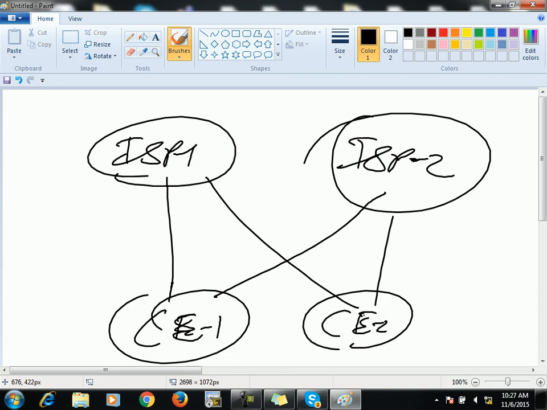This type of customer will always be known as a dual multi-homed customer. Again you will need to implement BGP in such scenarios.